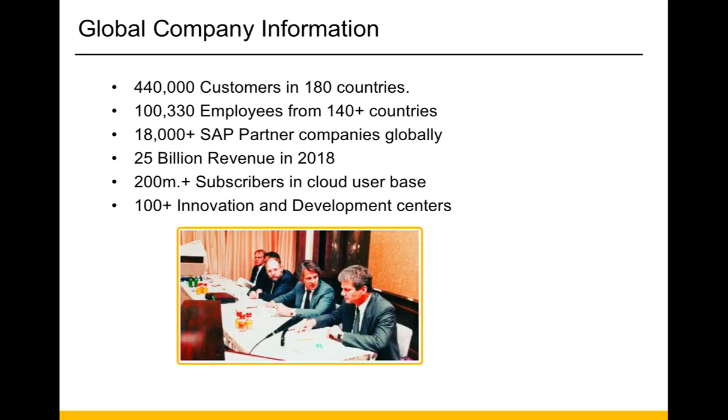Okay, so SAP has 440,000 customers in more than 180 countries around the globe, has more than 100k employees from 140 plus countries, has 18,000 plus SAP partners globally, companies, because SAP functions in a way that they have their implementing partners.